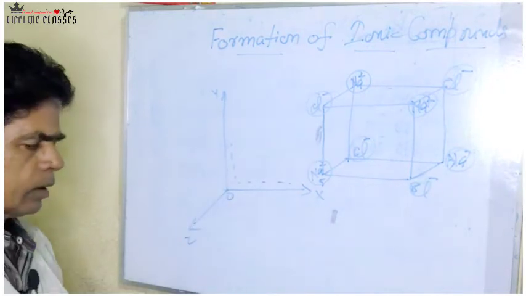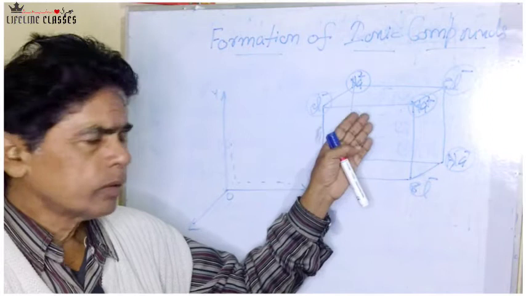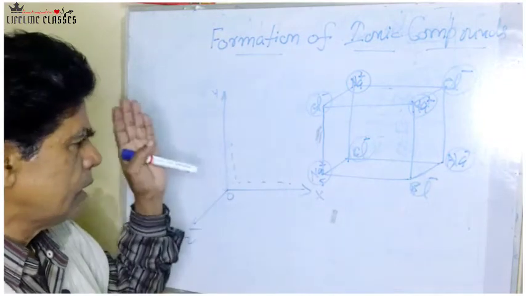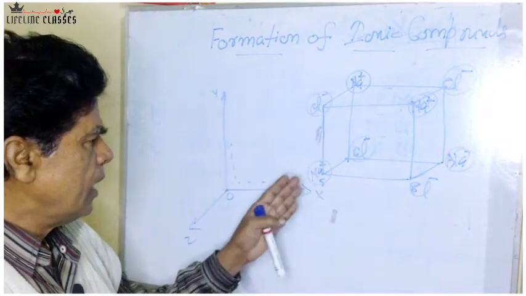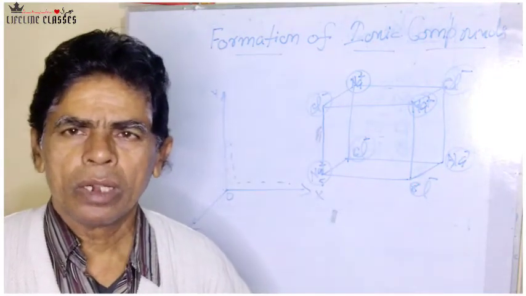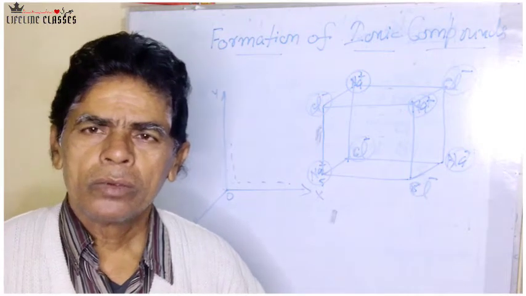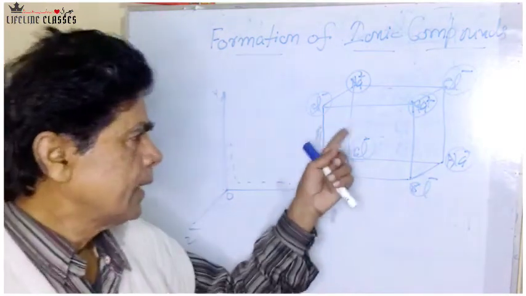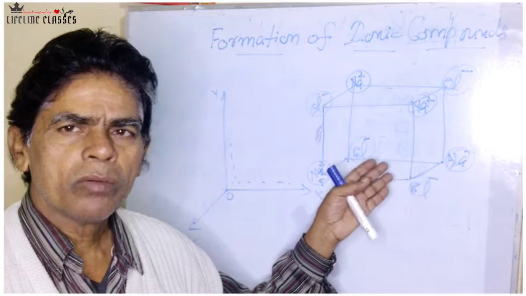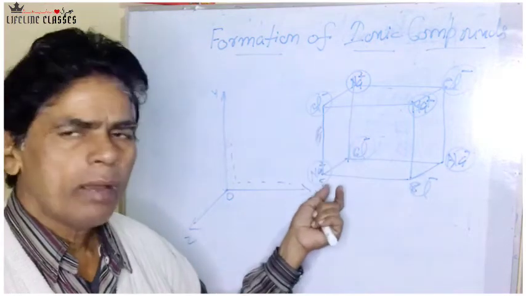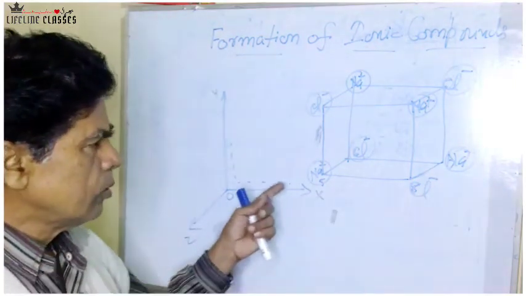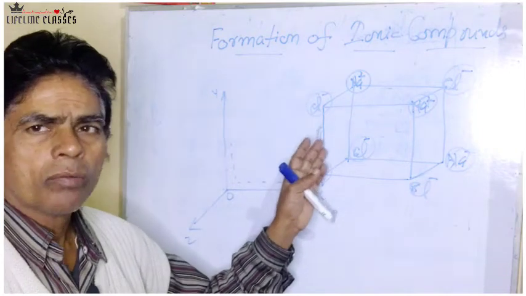So if the different crystal lattices are arranged along the x axis, y axis and z axis, that is, in the plane and in the vertical direction, they constitute the crystal structure. You will get the unit crystal like this cubic crystal, and when this unit crystal is extended along 3 mutually perpendicular directions x, y and z, then we will have the complete structure of the crystal. So this is all about the crystalline structure of sodium chloride.